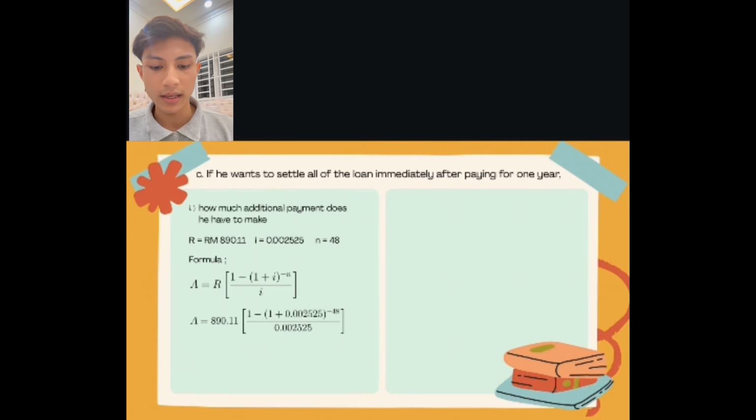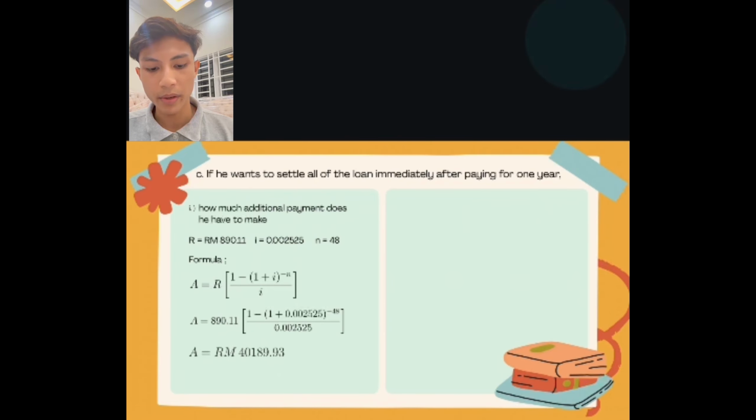Next, I substitute all the values into the formula, and after calculating, I get A equal to 40,189 ringgit and 93 cents.